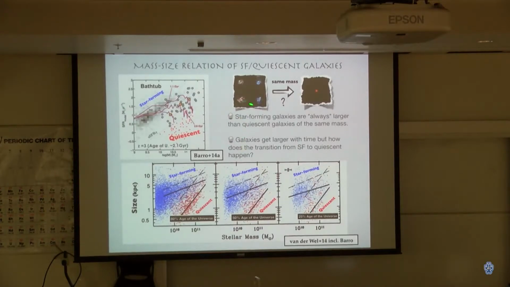Okay, how do we go from bluish galaxies that are star-forming, that have spiral structures, and end their lives as these red dots that, for obvious reasons, some people started calling red nuggets? Okay? These galaxies are red, small, featureless, and don't look at all like the star-forming ones. Okay, so how do you get from here to here?